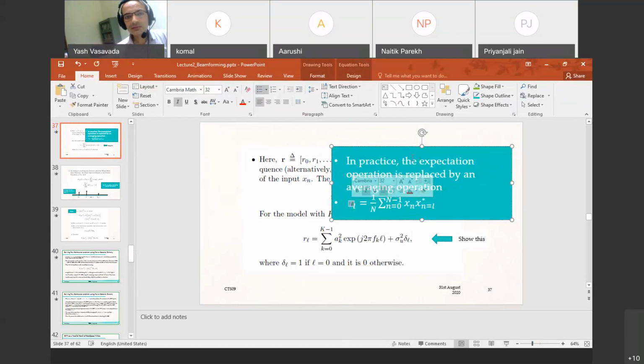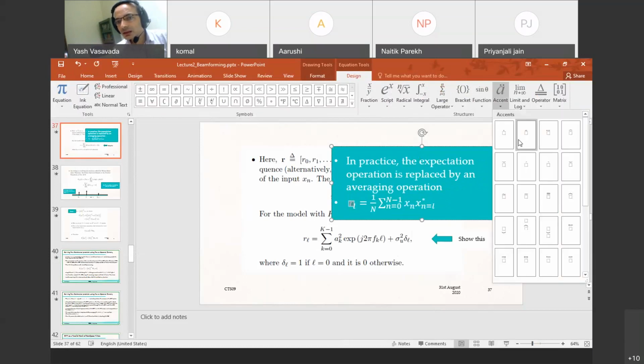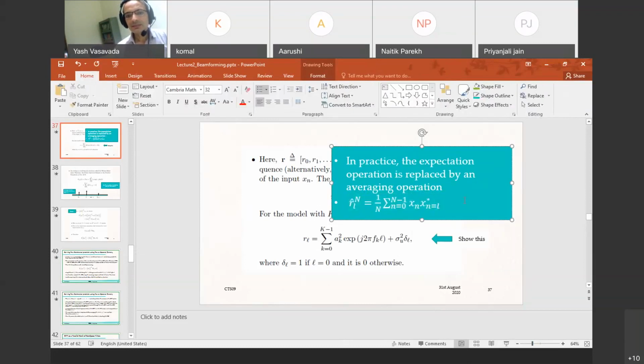So this is what we would do in practice. One thing is that I will have to put a hat sign on it, because this is not the actual R of L. This is R of L estimated using N samples. So this is the estimate that we will get.